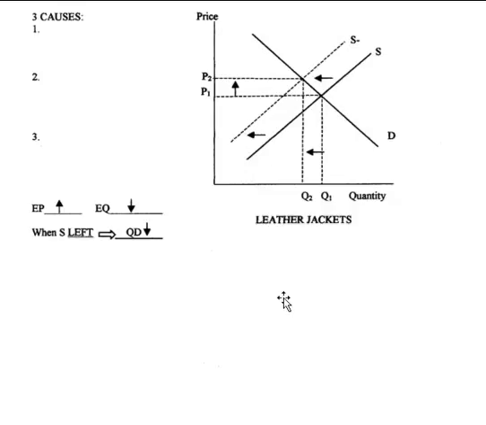So, three causes of a decrease in supply of leather jackets. Well, again, think about cost of doing business. Now, invariably when I do this example in class, somebody says mad cow disease. And it's nothing to laugh at, because people do die from this terrible disease. But how in the world is mad cow disease a shifter that will decrease the supply of leather jackets?